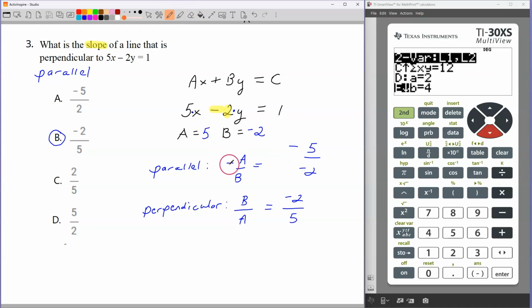This negative sign is from the formula. The A is 5, so I put 5 here, and the B is -2, so I replace the B with -2. When you divide a negative by a negative, it turns into a positive. So the negatives kind of drop off. It's really positive 5/2. And if it were parallel, this would be your answer, D. So there you go. Hope that helped. Let's go to the next question.